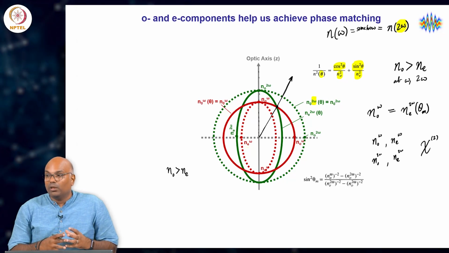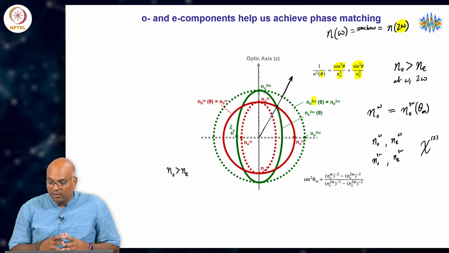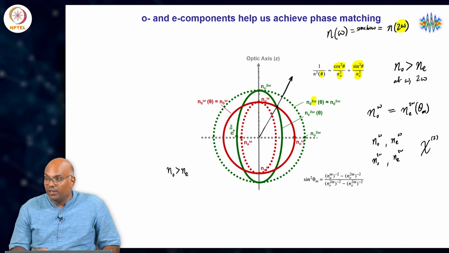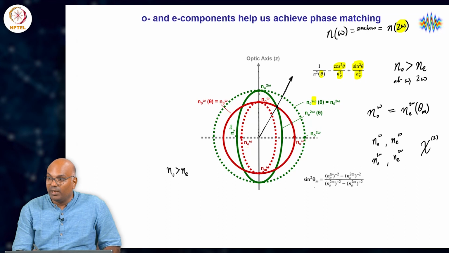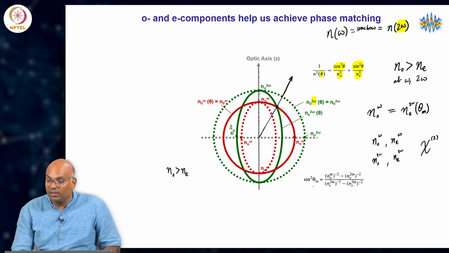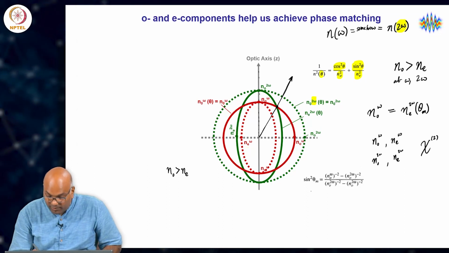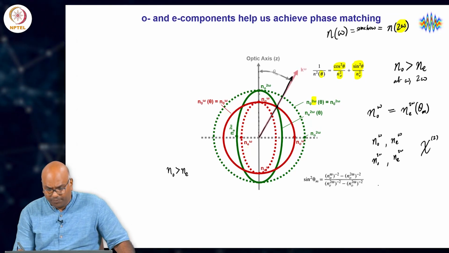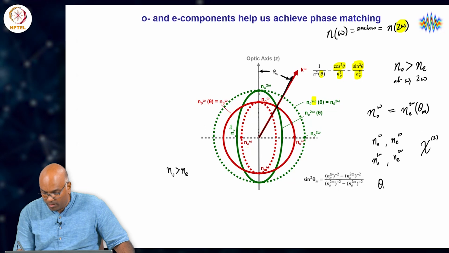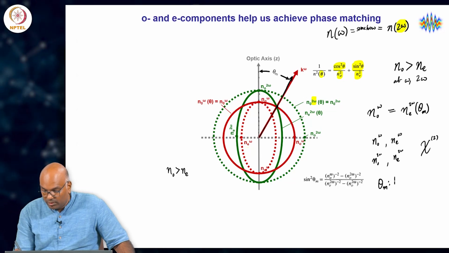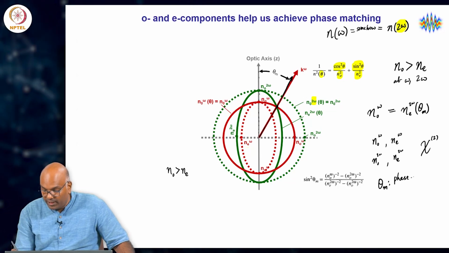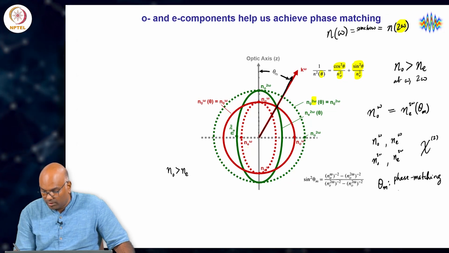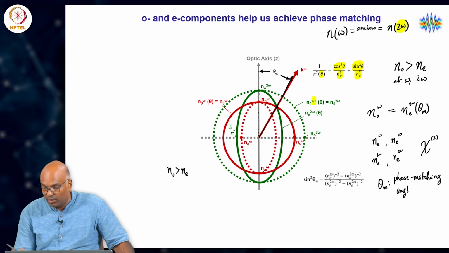Then by launching the omega beam, the pump beam, at a particular angle, we will get the second harmonic emanating at an angle theta m with respect to the optic axis. So, theta m is appropriately called the phase matching angle.